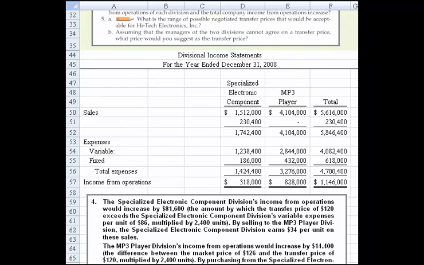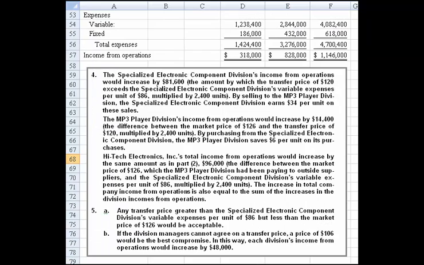Okay, let's look at number 5. 5A says, what is the range of possible negotiated transfer prices that would be acceptable? And part 5B says, assume the managers of the two divisions cannot agree on a transfer price. What price would you suggest? And again, in the interest of saving time, we'll just read those solutions.